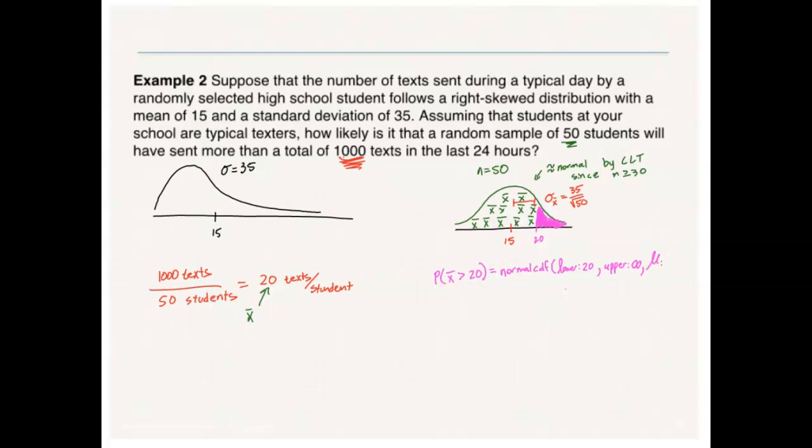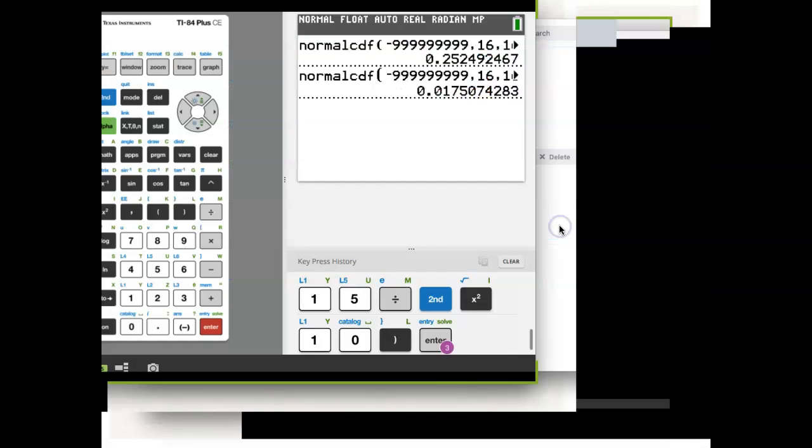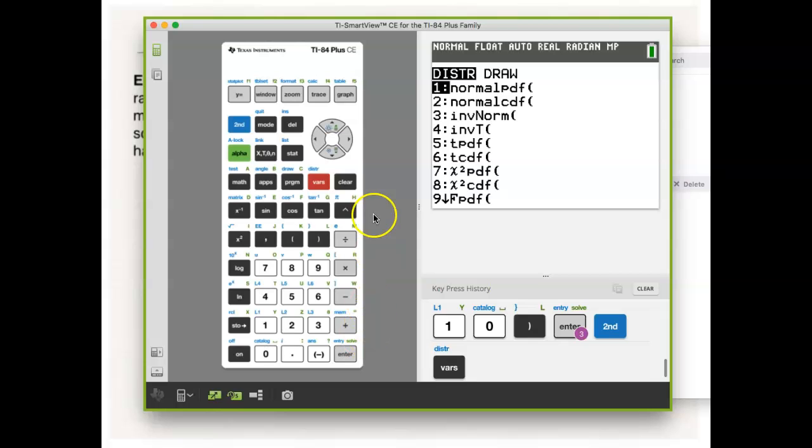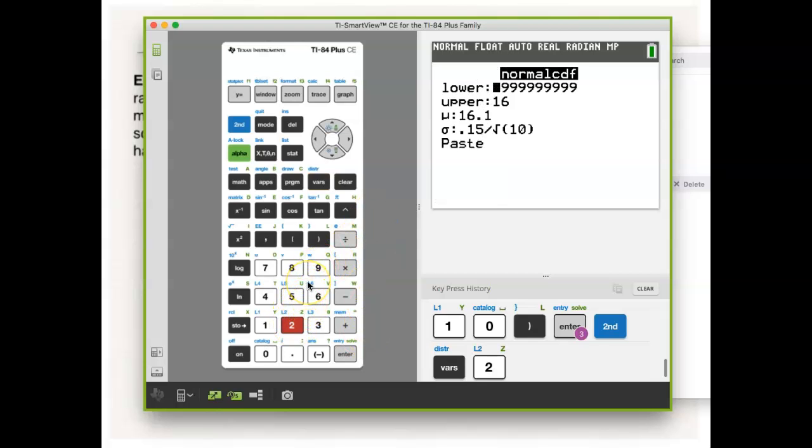The mean of that sampling distribution will be the same as the mean of my population, so 15. And standard deviation is going to be 35 over root 50. All right, so 20, infinity, but there's no infinity button on my calculator, so I'm just going to do a bunch of 9s.